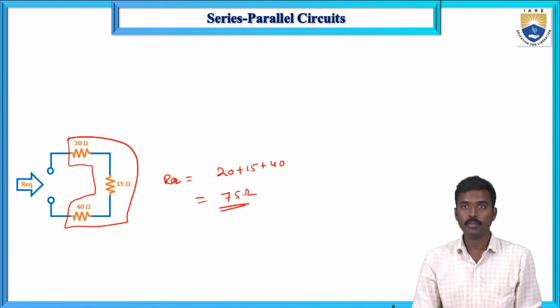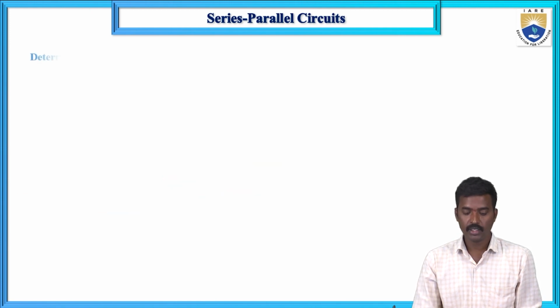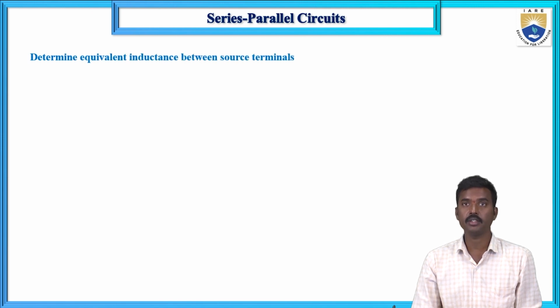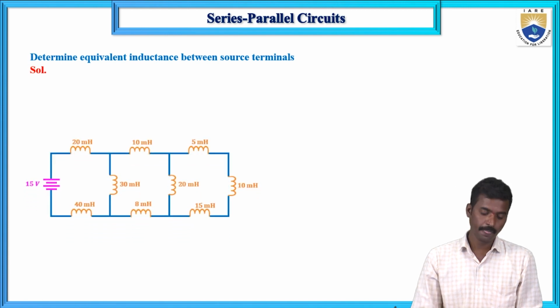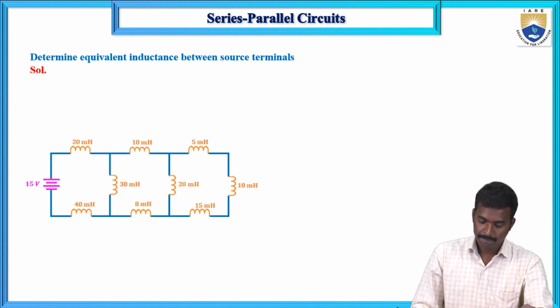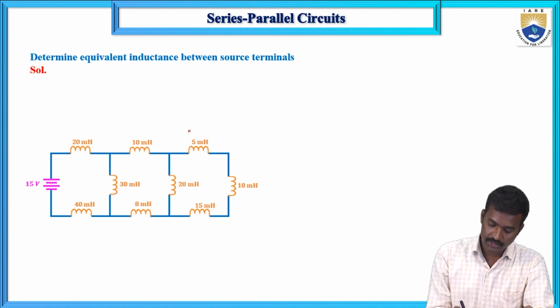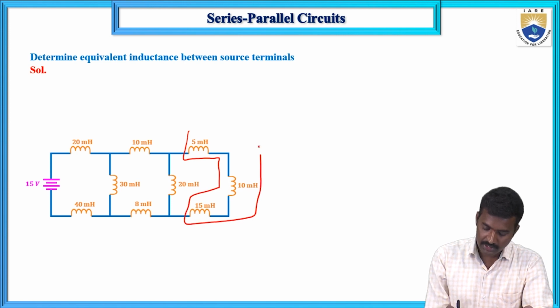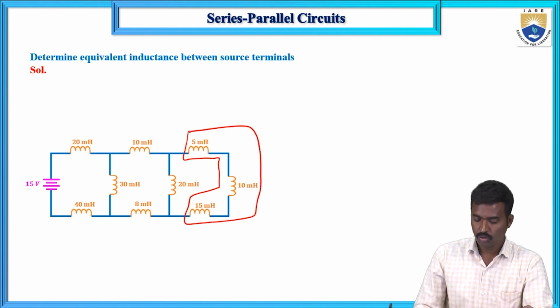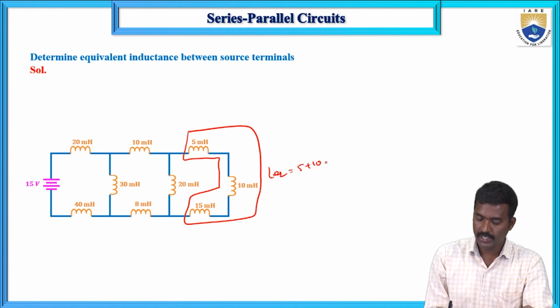Now the next problem, on series-parallel mixed combination of inductances. Same values but inductances. These three are connected in series, so 5 plus 10 plus 15, that value is 30.